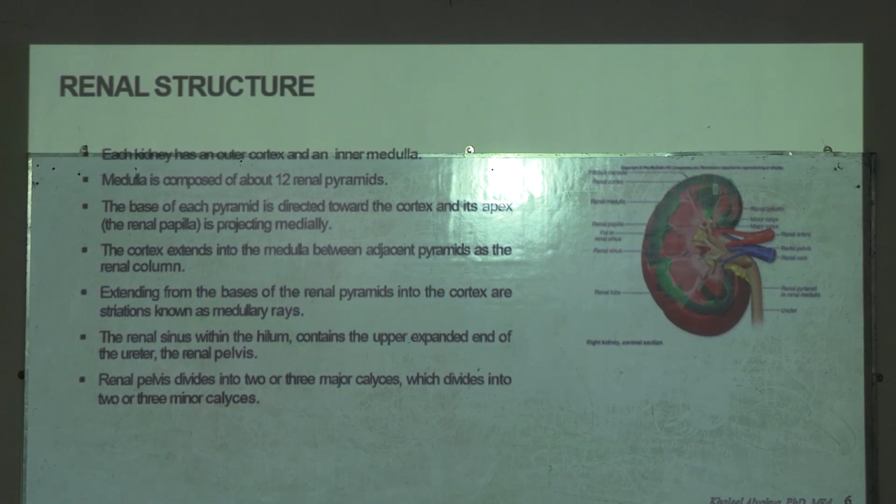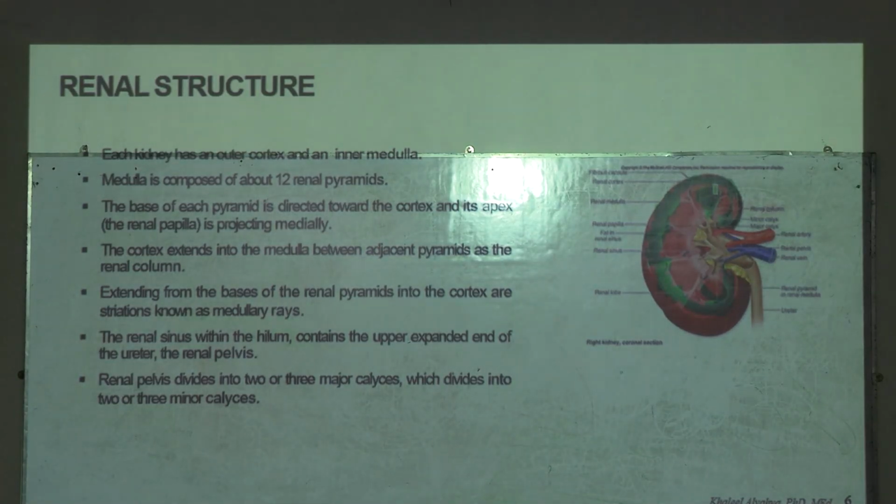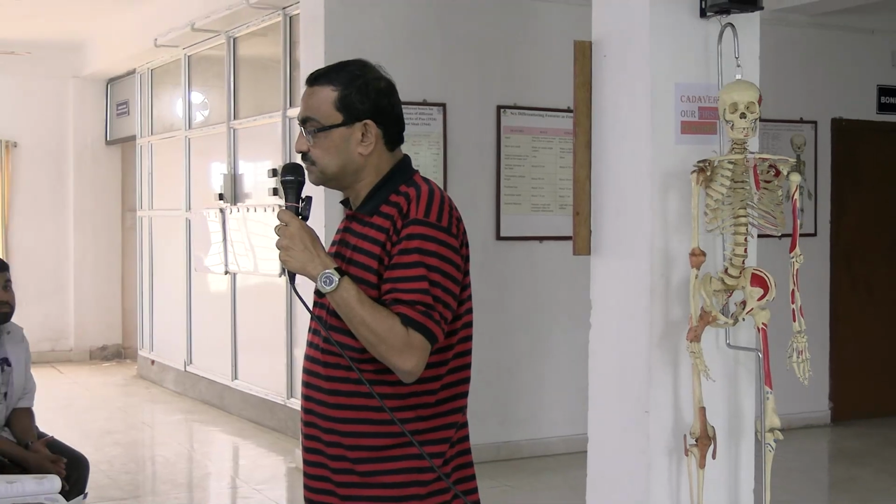So, inside the kidney we will get the cortex and the medulla. Medulla appears as conical pyramids, okay, or medullary pyramids.